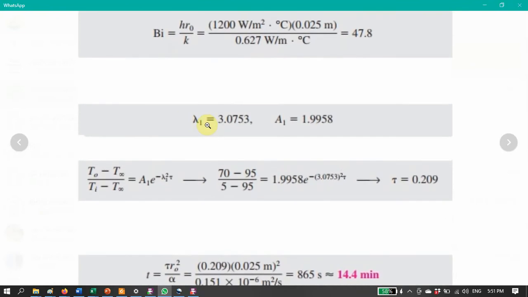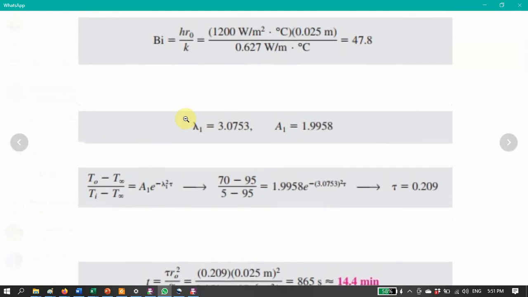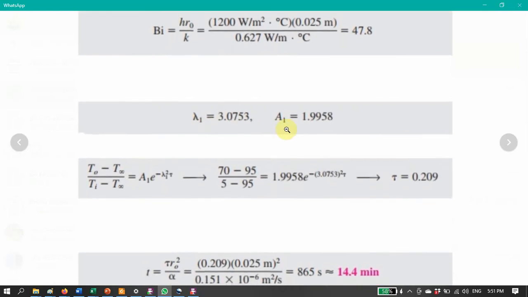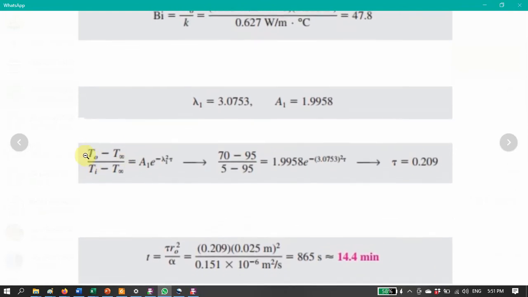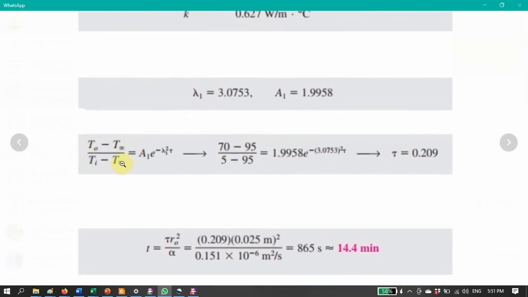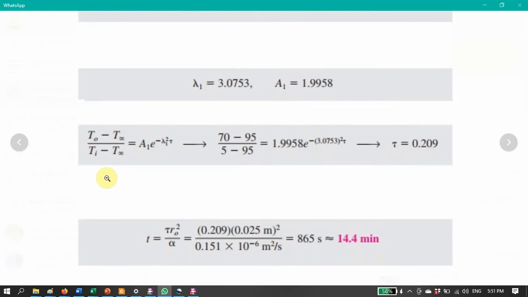For the sphere, lambda 1 is 3.07 and the coefficient A is 1.99. The third equation is for the vertical axis, and all the labels on the vertical axis come from this equation.